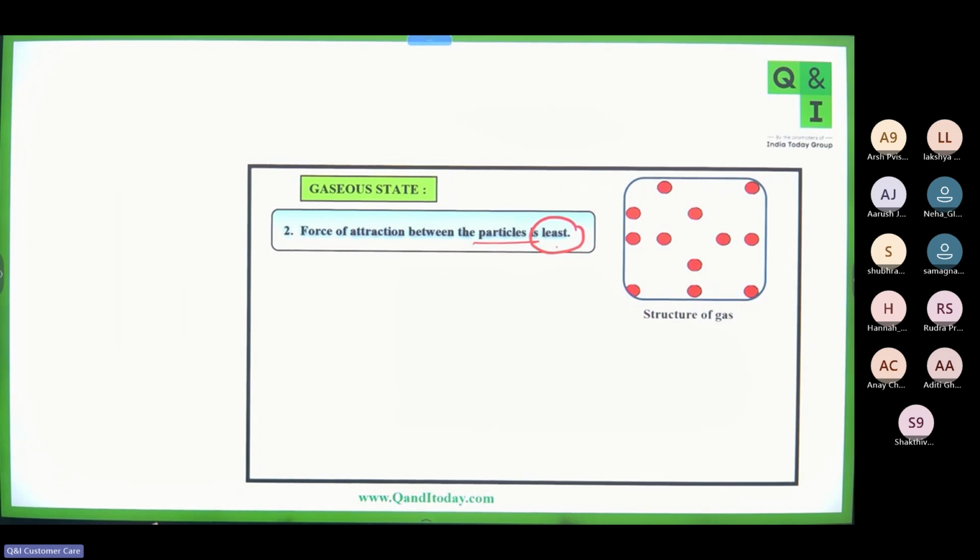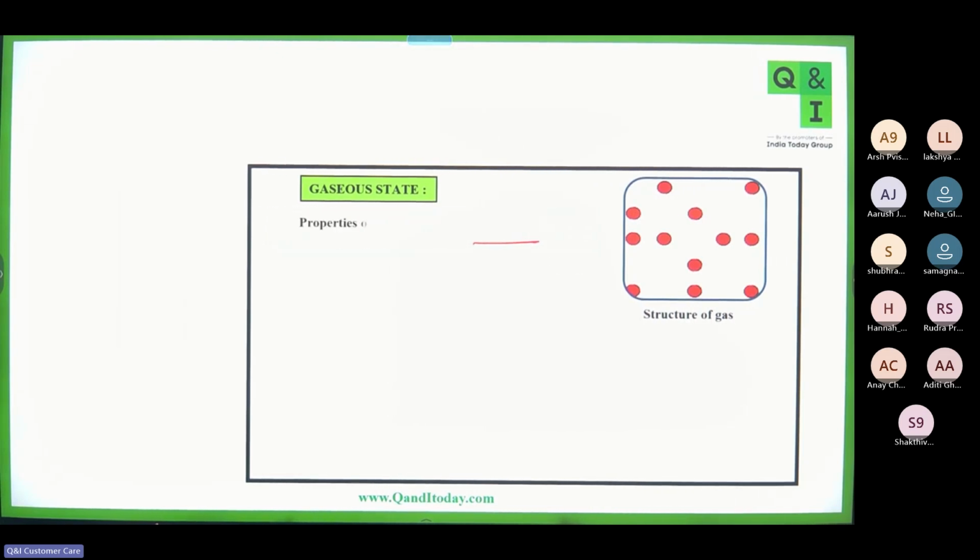That's why they are so far apart and have large spaces between them, because the forces of attraction are weaker. Then the third one, kinetic energy is highest, because forces are weakest and they have large spaces to move. So the kinetic energy of the particles is highest in the gaseous state.